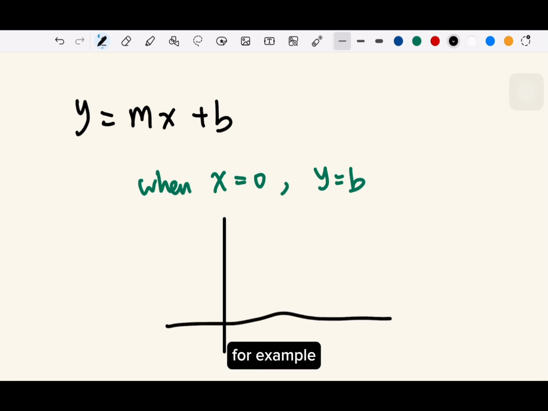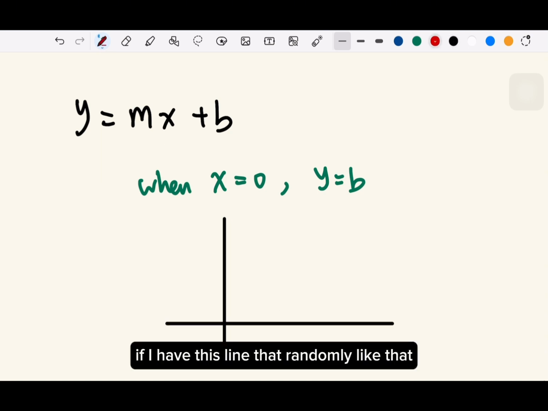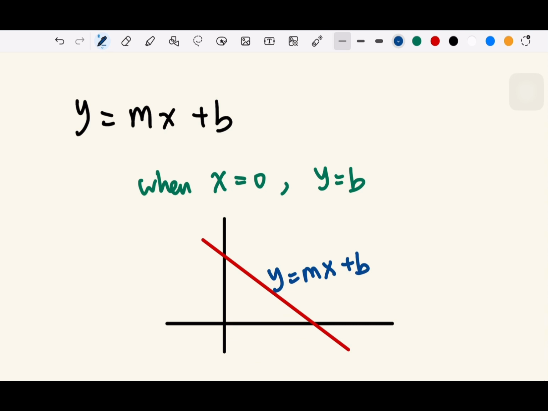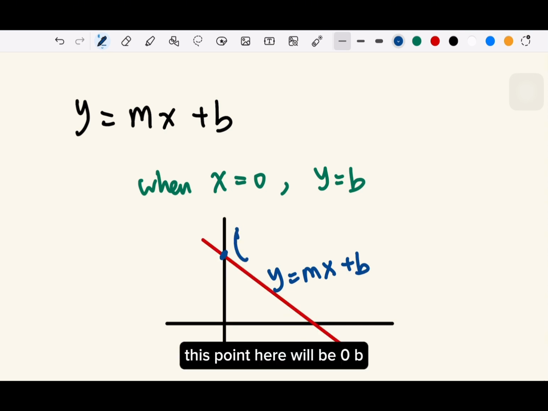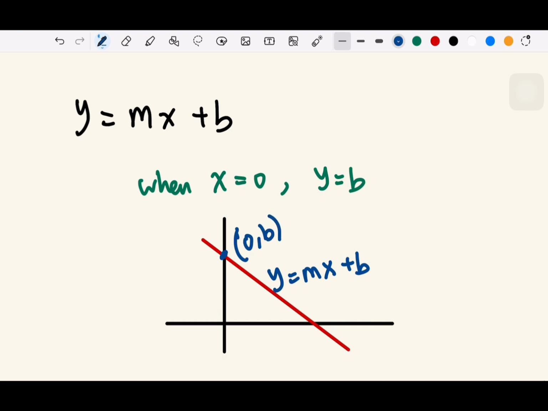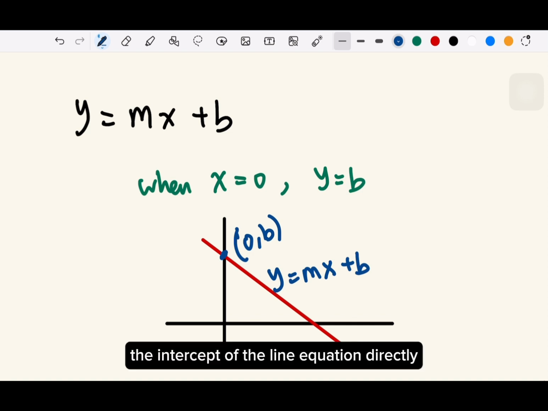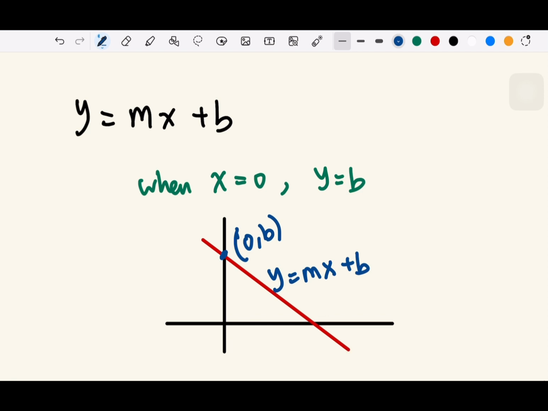For example, if I have this line randomly like that, and it is y equals mx plus b, this point here will be (0, b). So you get the intercept of the line equation directly when x equals 0.